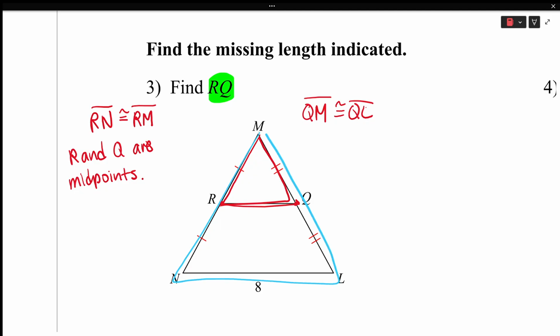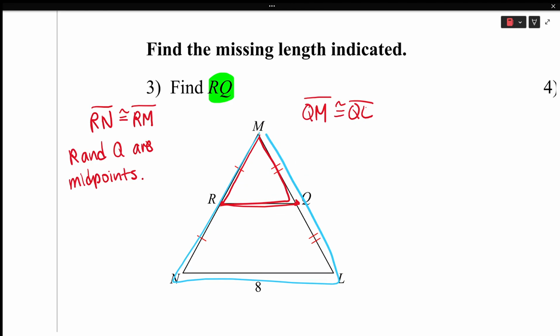Because this is double the size, I go from MR to MN, and I'm doubling the size, right? Because I'm adding another length of MR. And then same thing on the other side, MQ is a side from the small triangle, and I'm doubling it when I compare it to ML, the blue triangle.